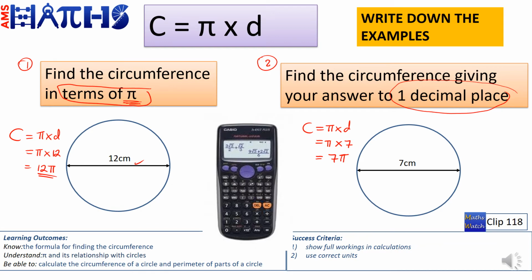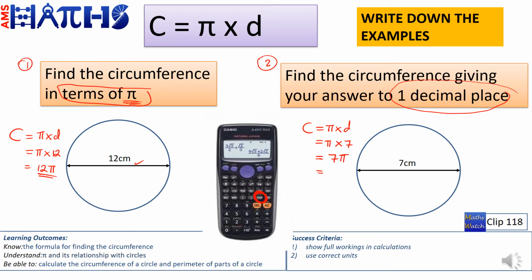So when you put 7 times pi in your calculator and press the equal sign, and it comes up with 7 pi, what you need to do next is to press the SD button that I'm circling right here, and once you press the SD button you will get the decimal answer.